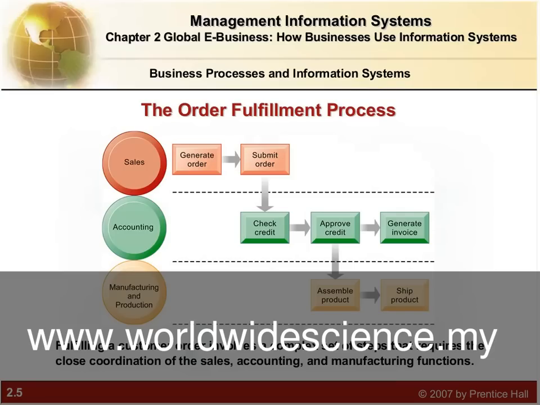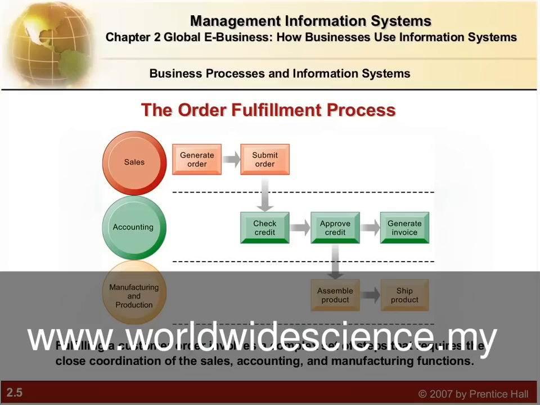The order should be submitted first, and then in the accounting department, the customer credit should be checked. If the credit is approved, you can assemble the product, generate the invoice, and ship the product to the customer in the manufacturing and production part of your organization.